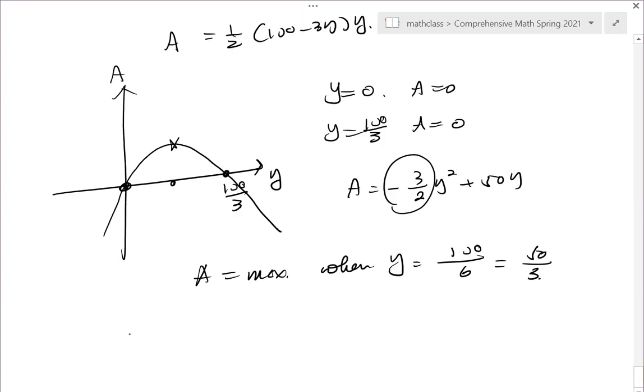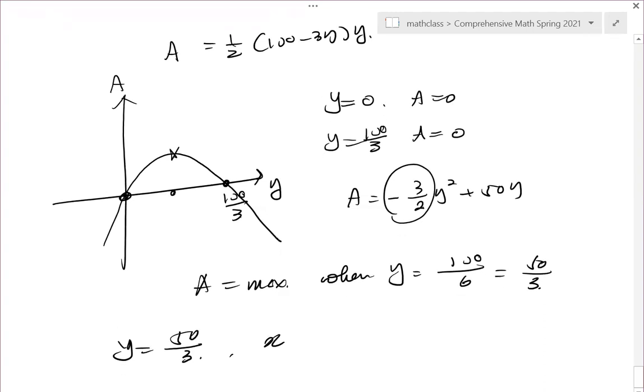So when y equals 50/3, what is x? X is going to be (100 minus 3y) divided by 4. So 3y is 50, and divided by 4, it's 50/4, so it's 25 divided by 2.